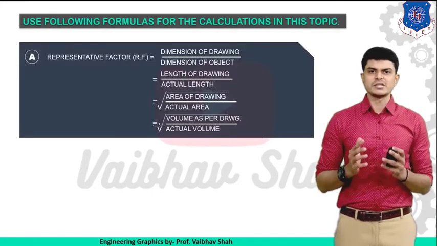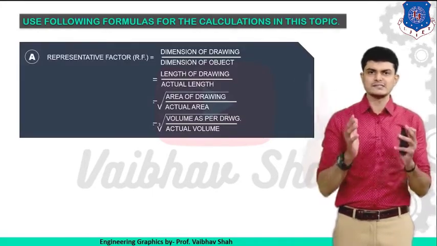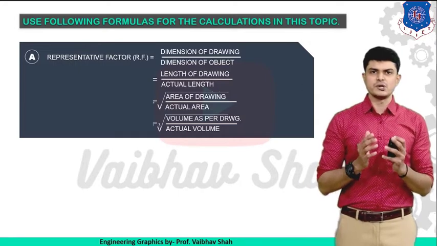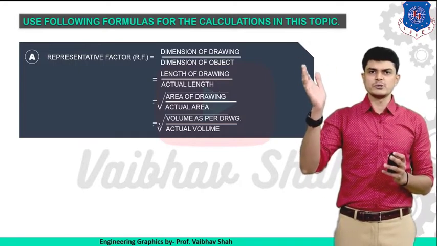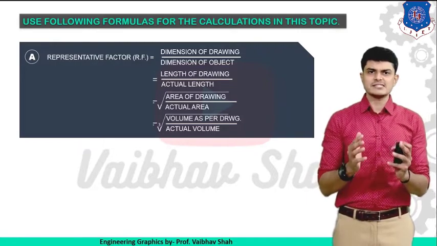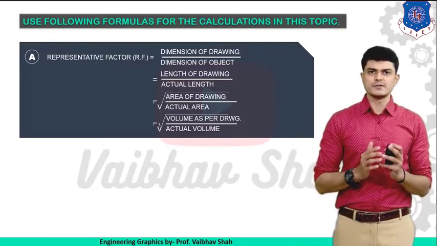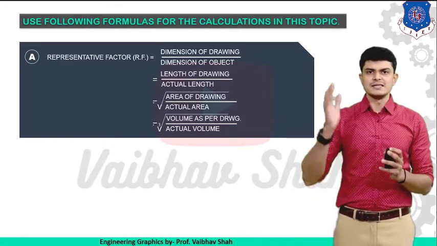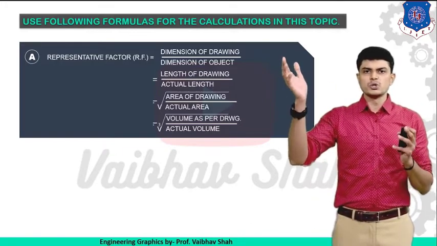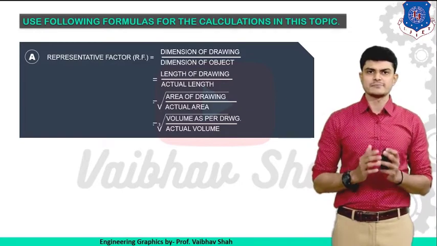So first equation is representation factor, you can say Rf. It is the ratio of dimension of an object in drawing to the actual dimension of an object. Let us suppose if the dimensions are given in the form of length, then your equation can be modified as length of object in drawing to the actual length of an object.